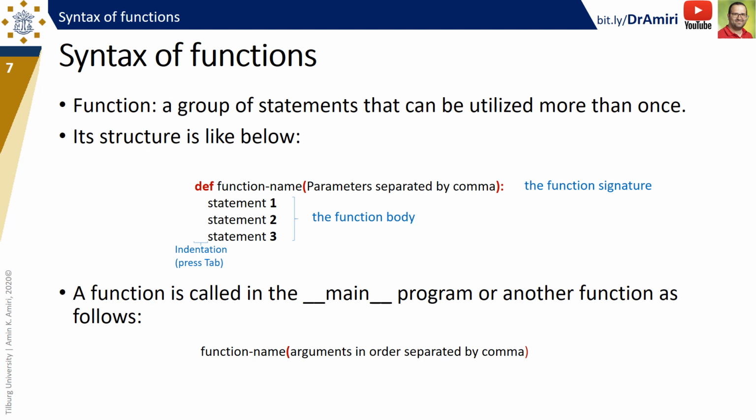A function is called in the main program or another function by just using the name of the function and two brackets, and in between the brackets you provide arguments, values, the name of variables or constants that are separated by comma in the order that is given in the signature of the function.